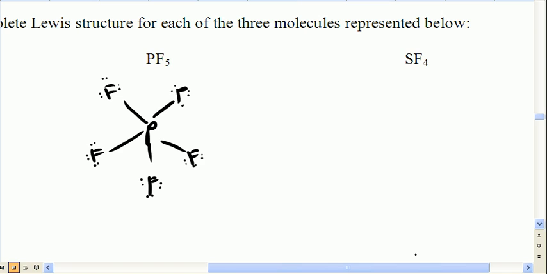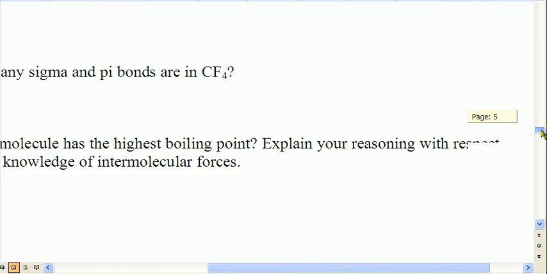And SF4, you end up having to split. And this one, splitting is allowed because you're splitting 2 single bonds.